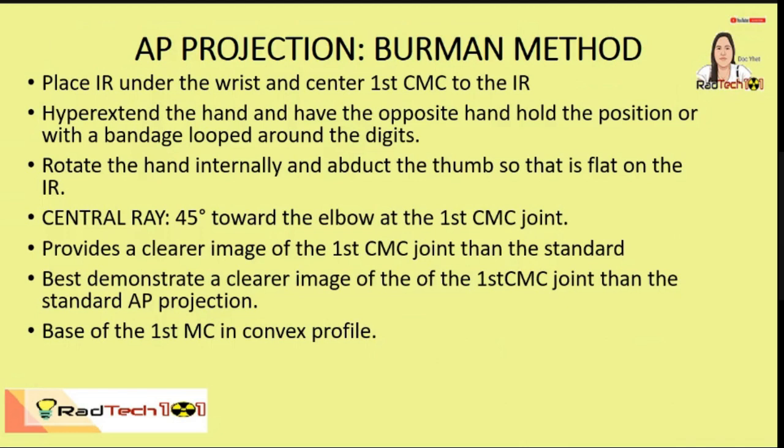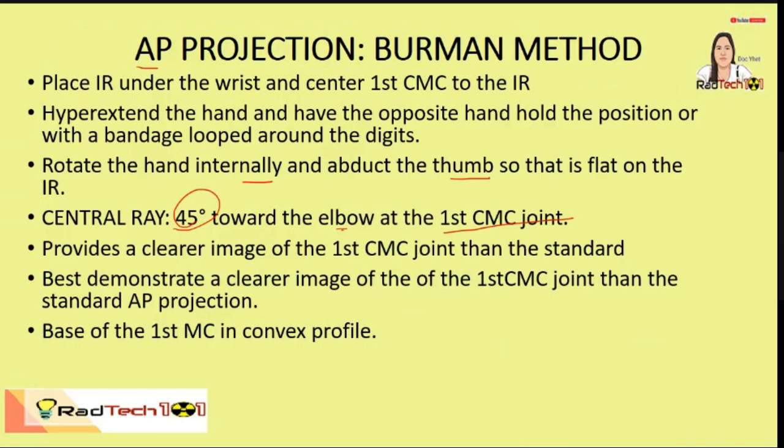So may picture din ako dyan in a while. Rotate the hand internally, abduct the thumb so that it is flat on the IR. Kasi naka-AP siya. Central ray is 45 degrees towards the elbow. So may angulation siya or proximally, 45 degrees proximally or 45 degrees towards the elbow at the first CMC joint.